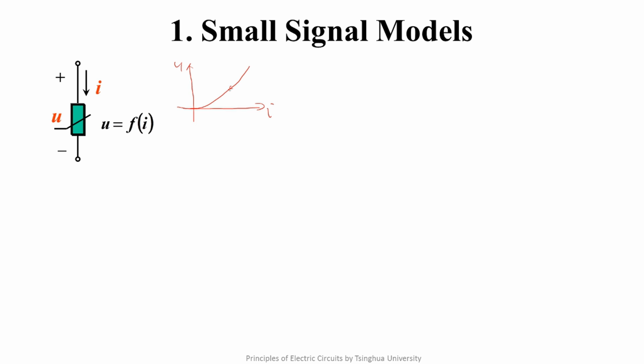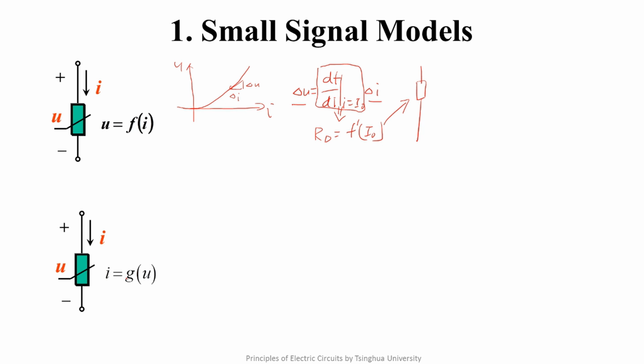At a certain working point, there is a small delta I, and we can find its delta U. We can write delta U equals dF over di at the point I equals I0 times delta I. It shows that there is a linear resistive characteristic between delta I and delta U, and the linear resistance is F prime I0. We can draw it like this.